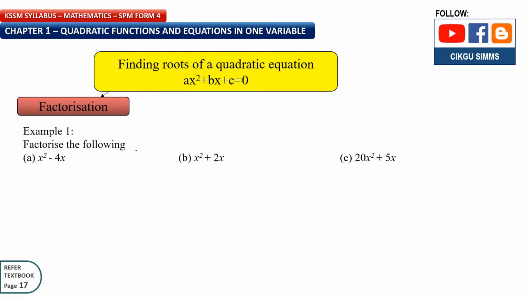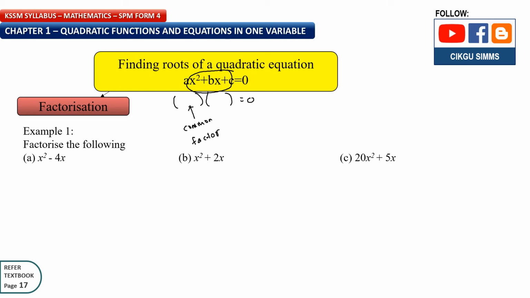I will teach you three ways to factorize. So the first way is this. Remember, when you factorize, you will get two brackets. In the first method, you need to bring out the common factor to the first bracket.